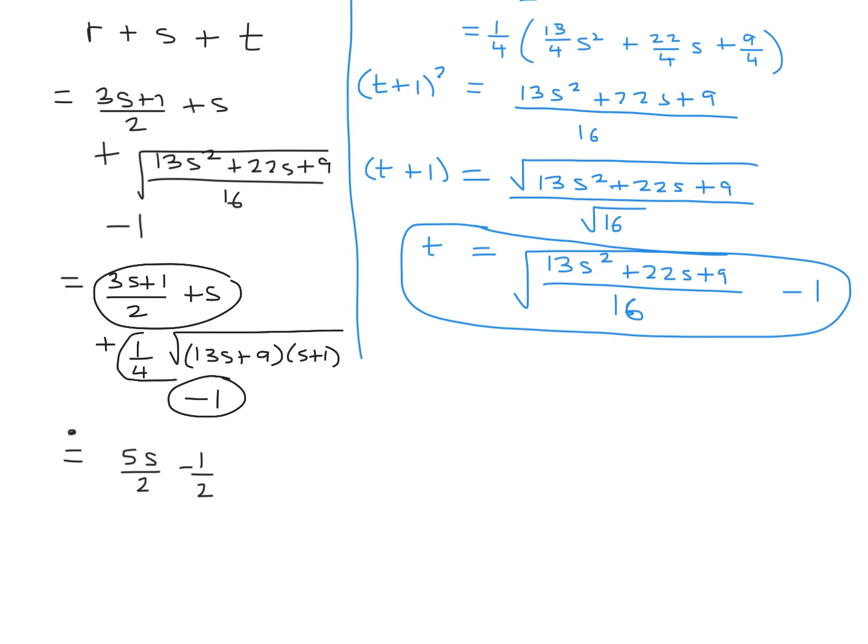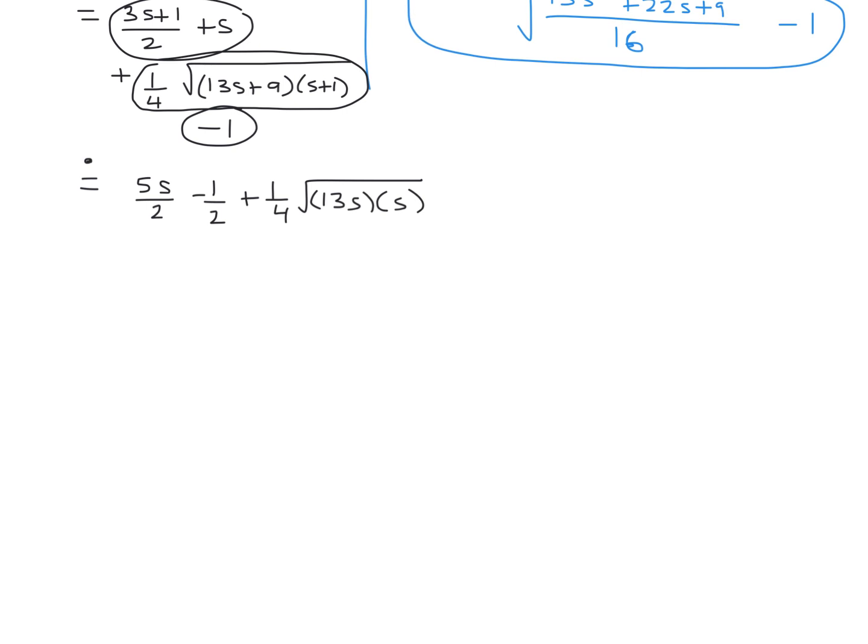And then this part, I'm going to chop off the 9 and the 1. So I'm just going to approximate it as 13s times s square root, because I'm just trying to get an approximate value.